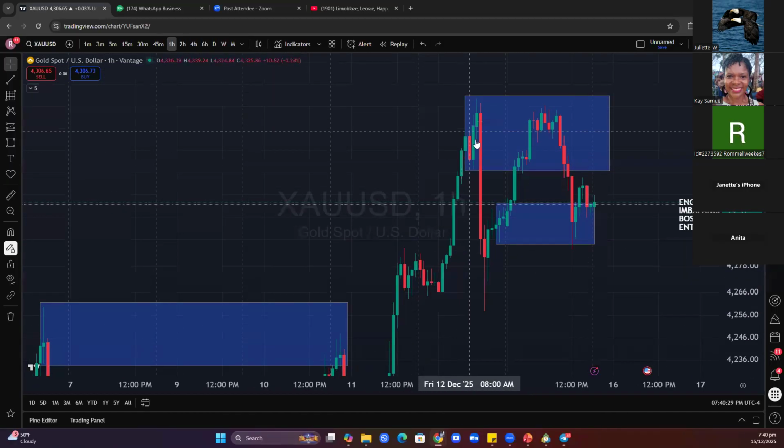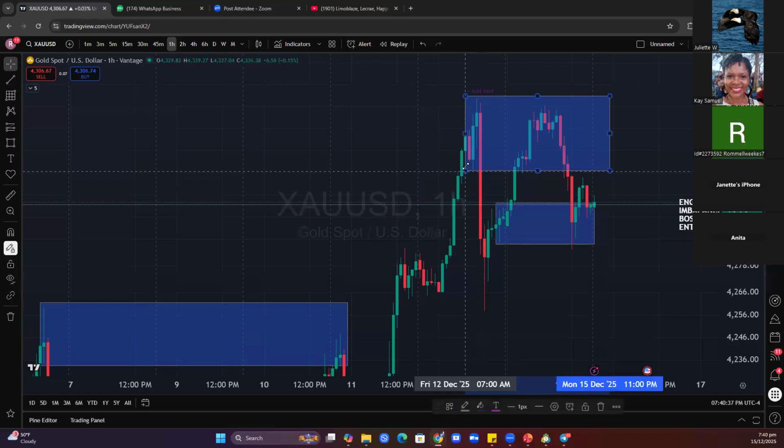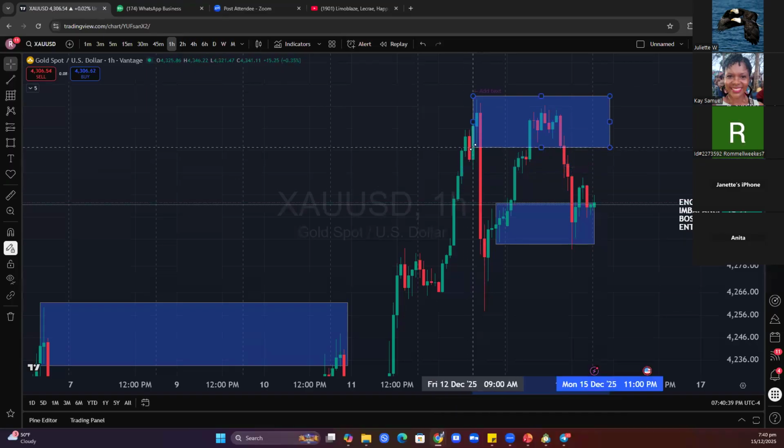Once again, here, sell candle to the downside, a bearish engulfing candle. Pull it up here. You see how price came back up and then pushed down.